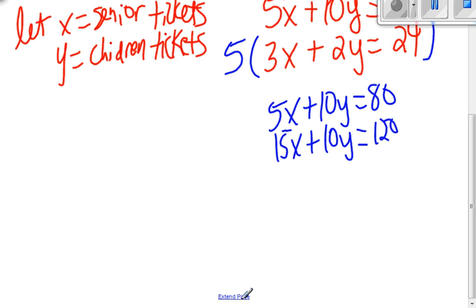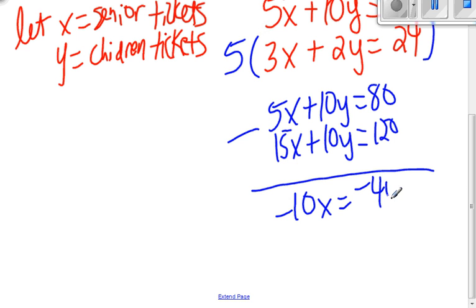Because they're both a positive 10y, I'm going to subtract, get negative 10x equals negative 40, x equals 4. So a senior citizen ticket is $4.